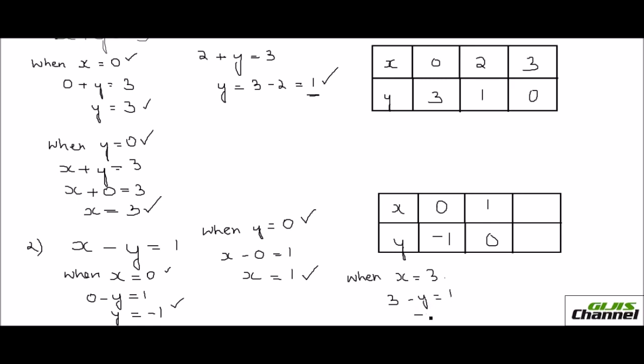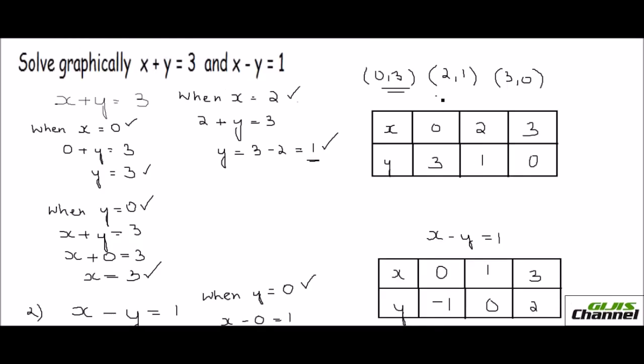So your minus y would be 1 minus 3, so that is minus 2, okay? So your negative y is minus 2, so your y is equal to 2. Understood? So when you take your x as 3, your y should be 2. This is for x minus y equals 1.